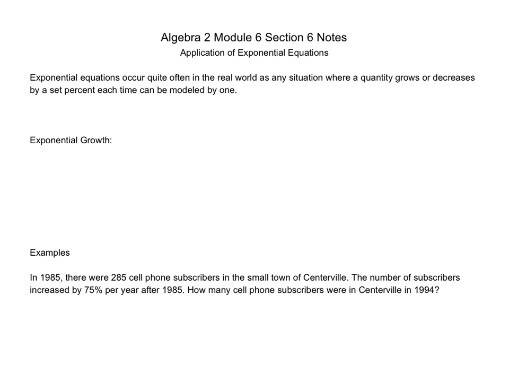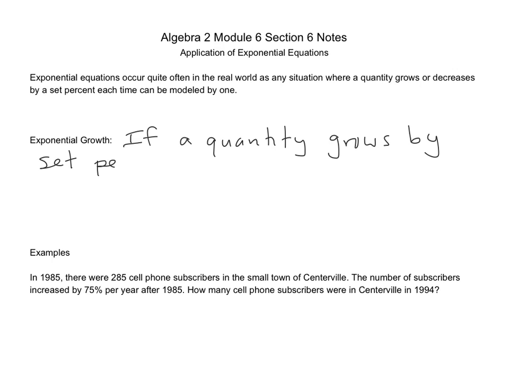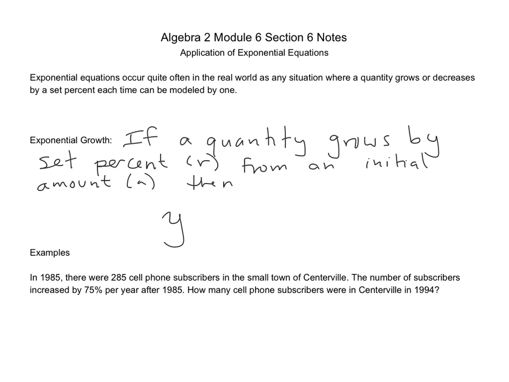So growth is when something grows by a set percent. So we can say if a quantity grows by a set percent, we'll call it R, from an initial amount, which we'll call A, then we could say the following equation is true for every exponential growth equation.